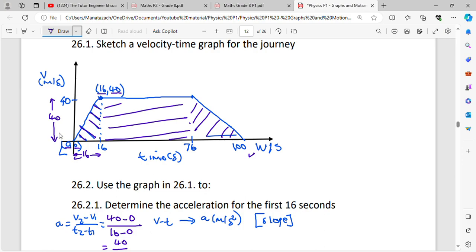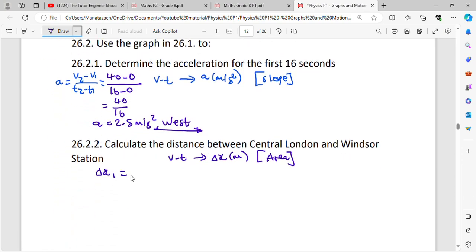So let's work out the first area, which is half base times height. The base is 16 and the height is 40. So 16 times 40 divided by 2, I get 320 meters.